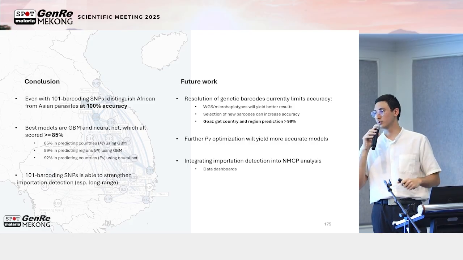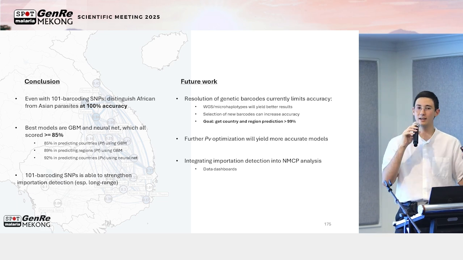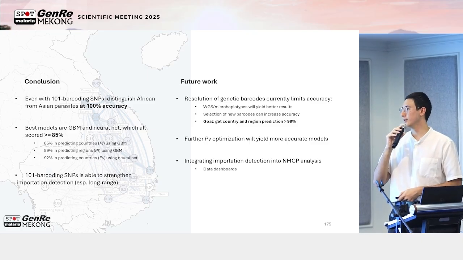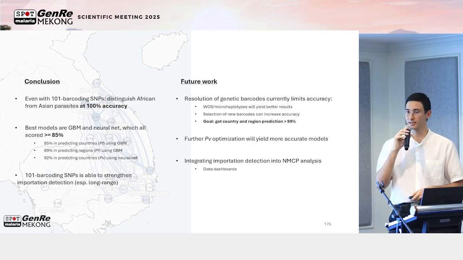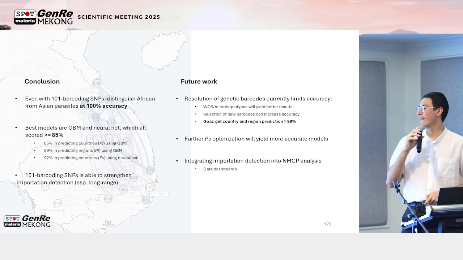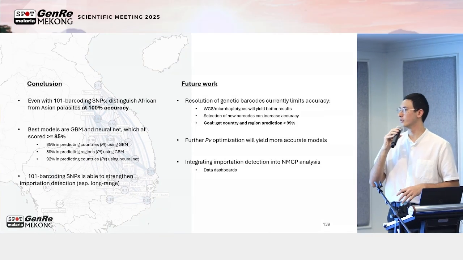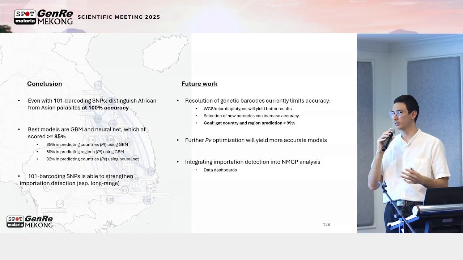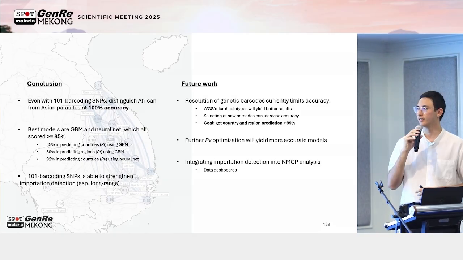Our best models were the gradient boosting machine and the neural net, which all scored more than 85% accuracy, especially the neural net, which scored an average of 92% in accuracy in predicting countries. And at this stage, using the barcoding SNPs to differentiate long-range importation from local cases could be the next step forward.